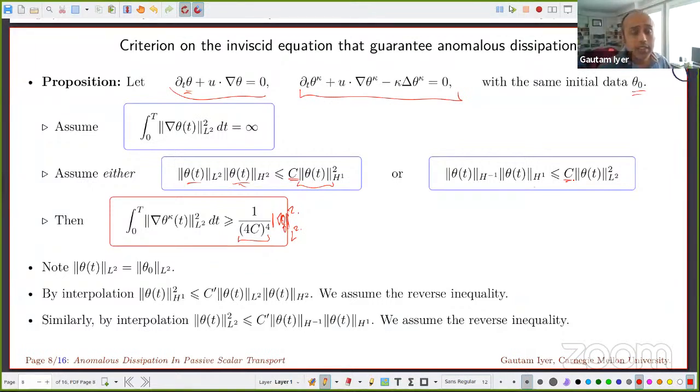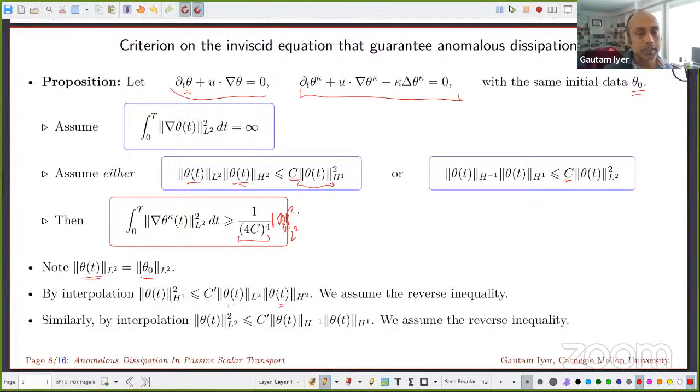Just a quick remark. If I look at the L2 norm of the inviscid solution, this is conserved, so the norm of theta at time t in L2 is the same as the norm of theta naught in L2. By interpolation, I know that the H1 norm squared can be bounded by interpolating between L2 and H2: H1 squared is less than or equal to L2 times H2.